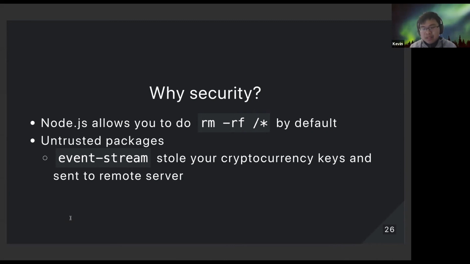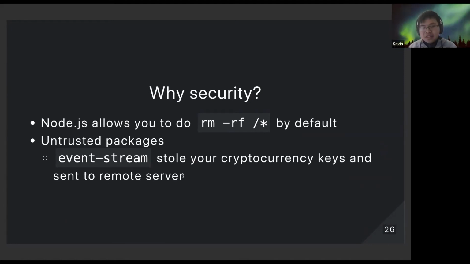And the problem is, this package was one of the dependencies of PS3, and it also somehow got sneaked into things like Nodemon, which is really popular. So even if you think you're going to trust Nodemon, you have to have this kind of implicit trust on packages like event-stream, which might, in this case, steal your cryptocurrency keys, which is bad, right?